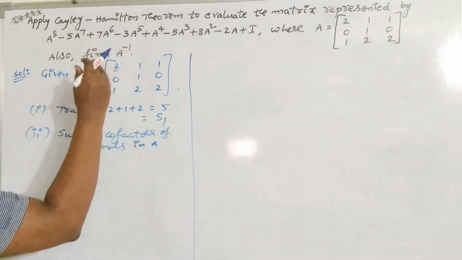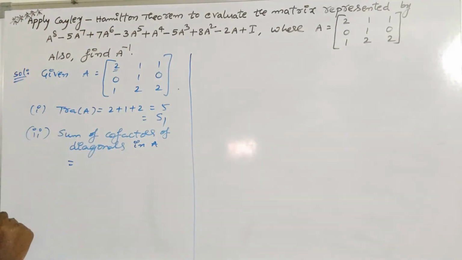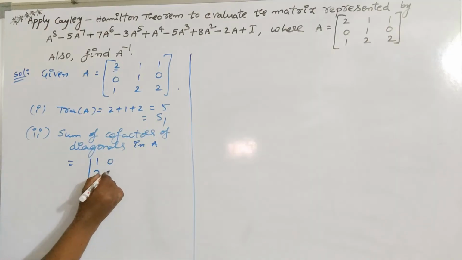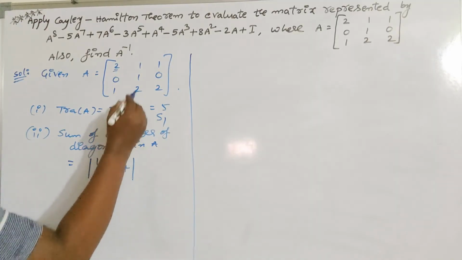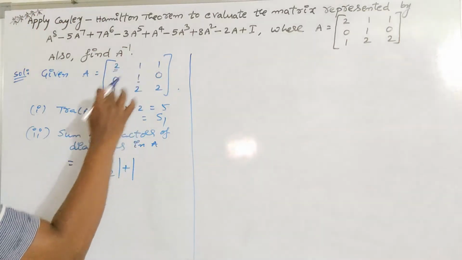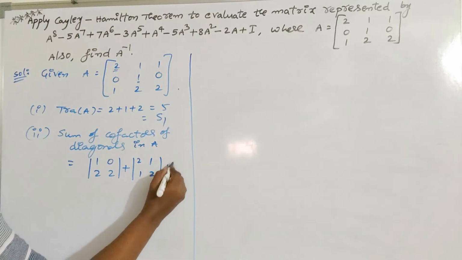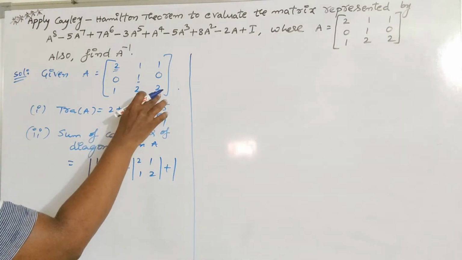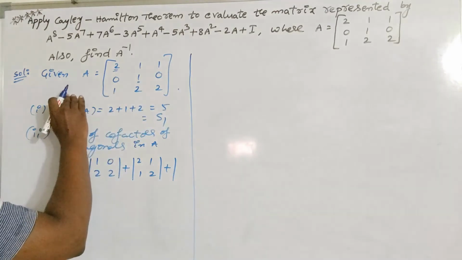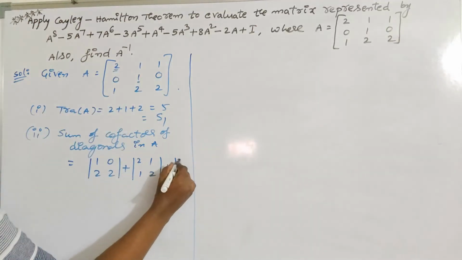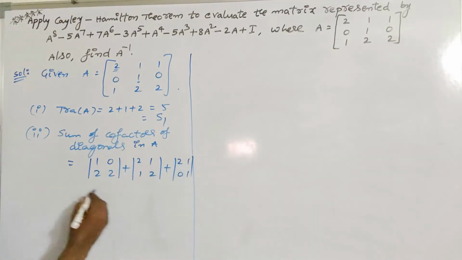You can eliminate the first row and first column, and you will get a 2 by 2 matrix. It would be 1 0 2 2. Similarly, the cofactor of the second diagonal element is 2 1 1 2. Look at the corner elements only. Plus the cofactor of the third diagonal element. You can eliminate the last row and last column. You will get this one, 2 1 0 1.